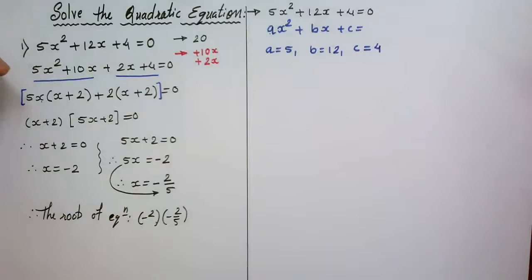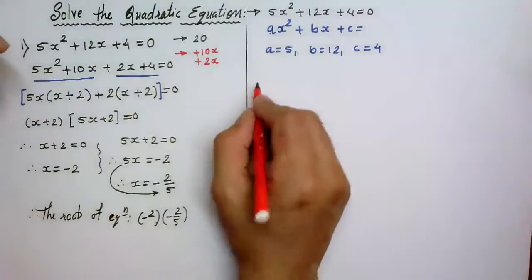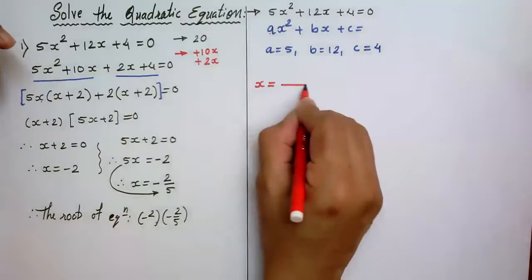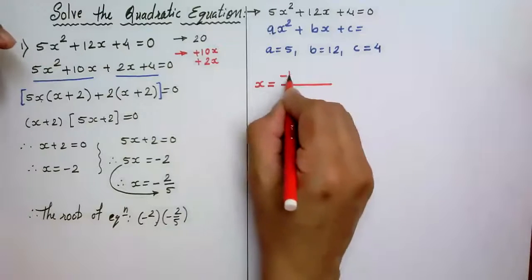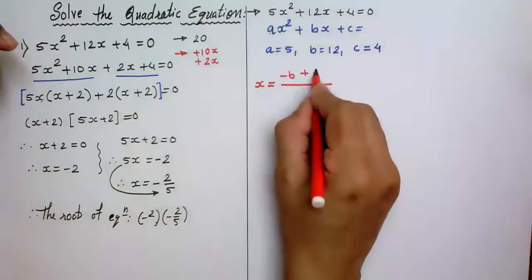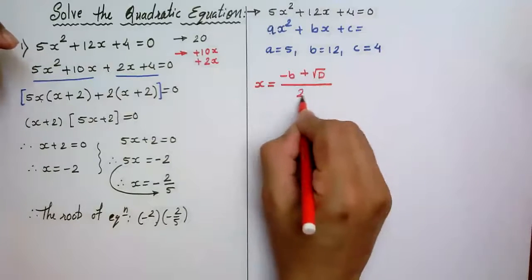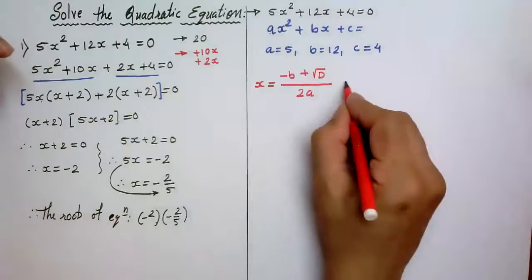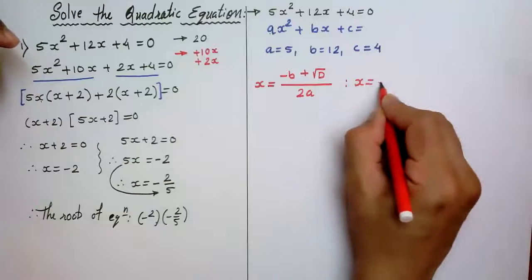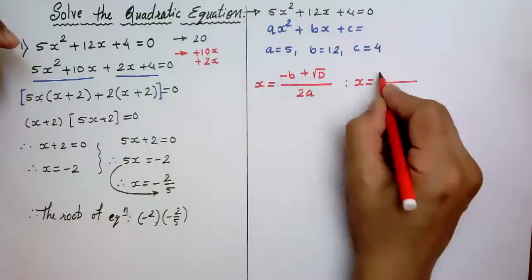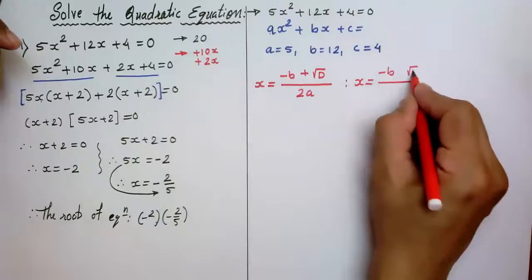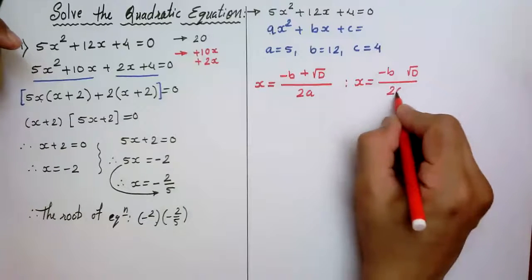And the formula is x is equal to minus b plus or minus root d upon 2a. And the second solution is x is equal to minus b; instead of this plus sign, I should write a negative sign over here.